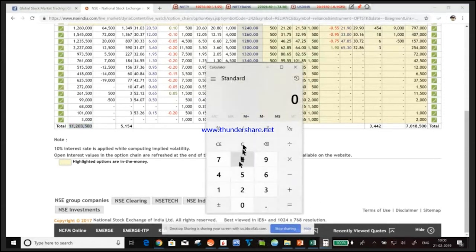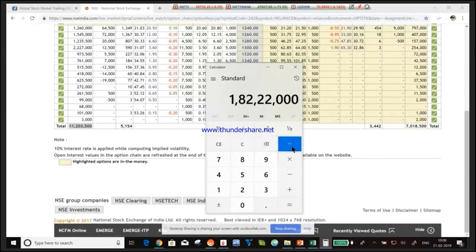Now when you add this, 11,203,500 plus this 7,018,500. So the open interest is these many shares. These many shares people are interested in the options. So units, tens, hundred, 1.8 crore shares.